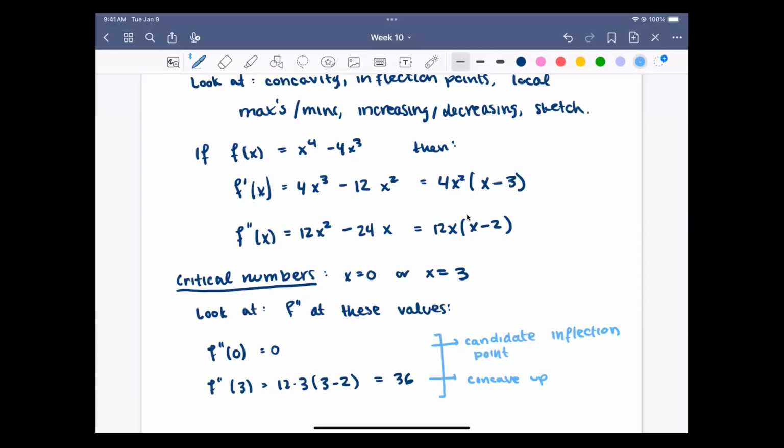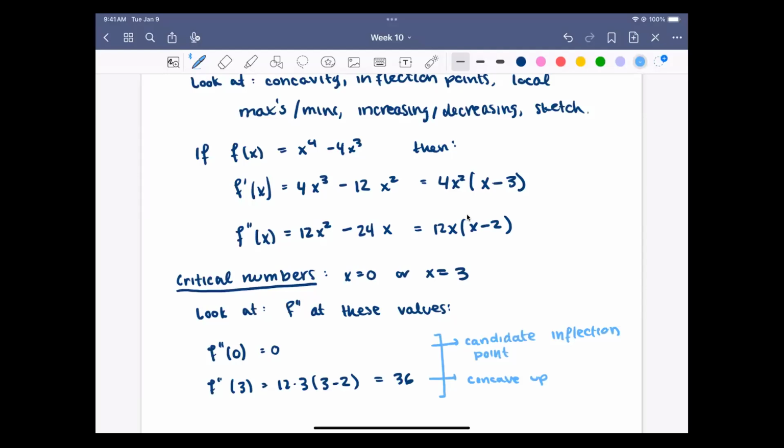Okay, so we have here at x equals 3 a point where the derivative is 0 and you're concave up. So you have a horizontal tangent there and you're concave up. So what can we say about x equals 3? So that one is going to be a local minimum, right?